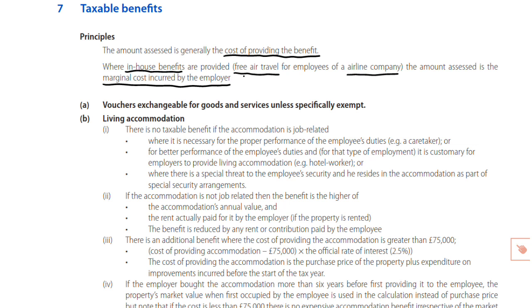So although the health club membership might be £1,000 a year, the actual marginal cost attached to that particular employee now being a member may be £100. Now, how you get it is not an issue for you. You'd be told what that figure is, and it is purely the marginal cost, not what would be the normal price to be paid in relation to a membership of that gymnasium.